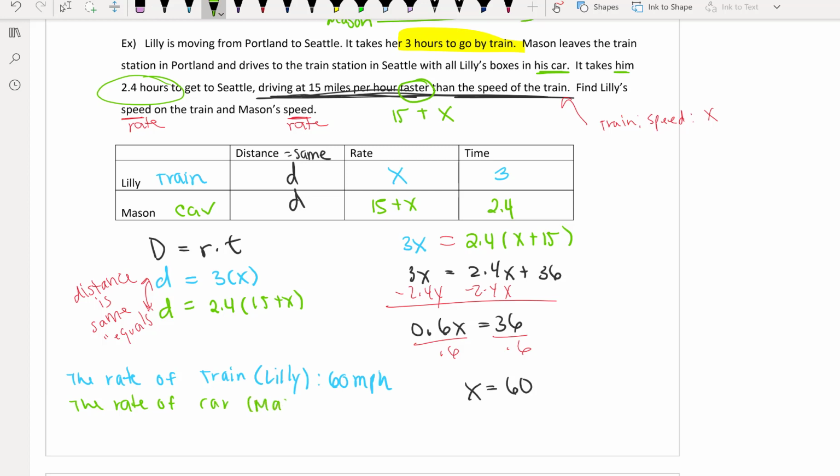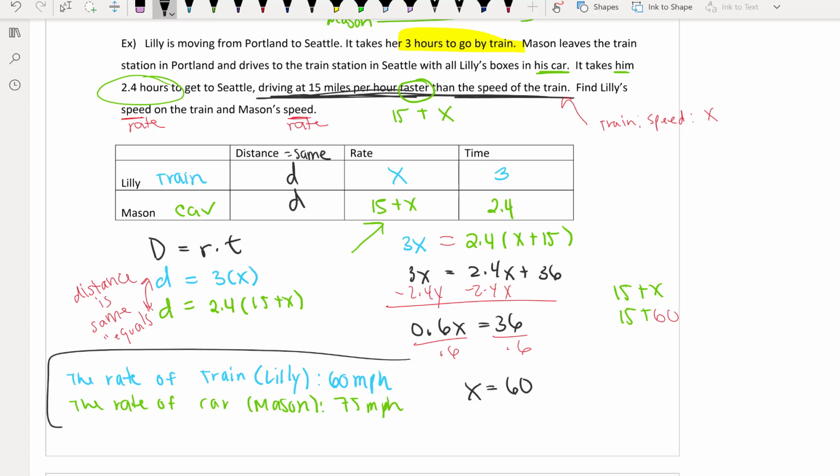And remember, he goes 15 plus x. But I already have the value of x. That value of x was 60. So I have 60 plus 15, which is going to give me 75. So Mason was driving 75 miles per hour in his car from Portland to Seattle.